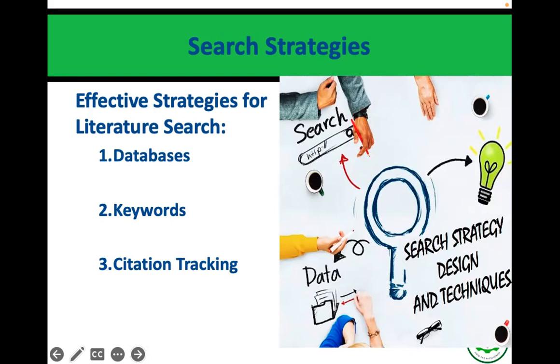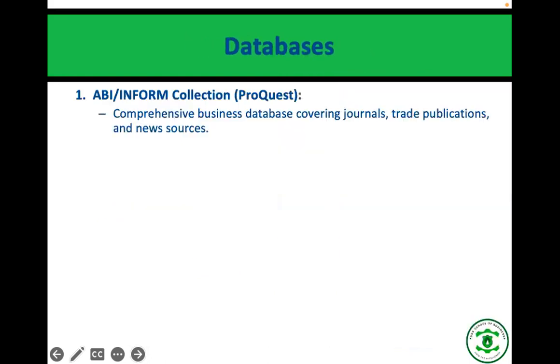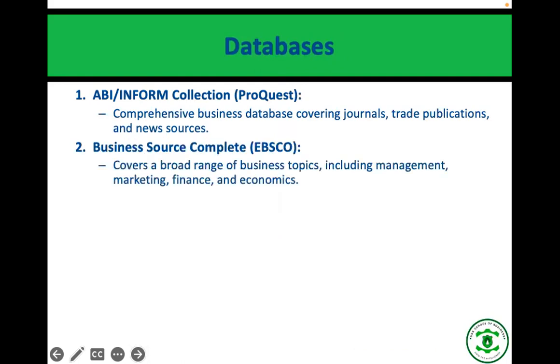So let's look at the databases quickly. I'm just going to list them. Later on, you can Google them when you get the slides. The most common ones, ABI Inform. ABI stands for Abstracted Business Information. Then ProQuest usually goes with ProQuest.